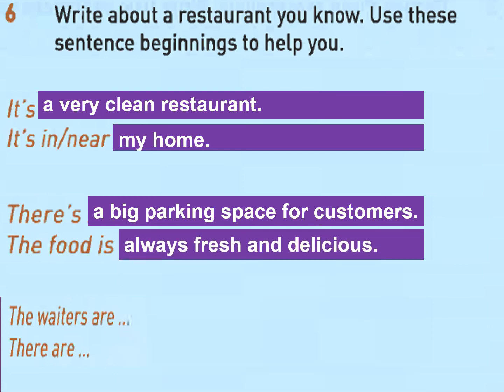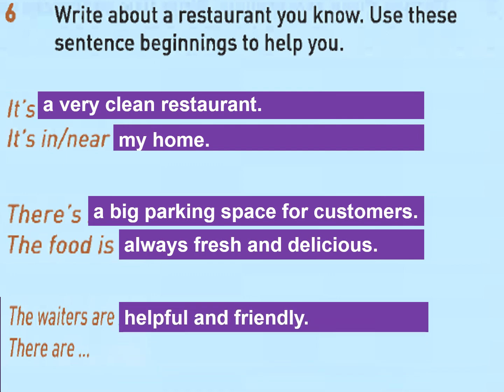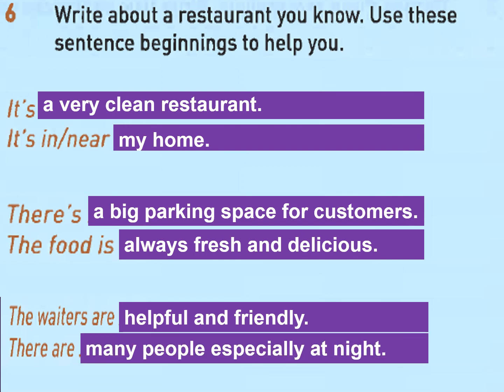The food is always fresh and delicious. The waiters are helpful and friendly. There are many people, especially at night. Now, practice reading these sentences and make some more sentences of your own.